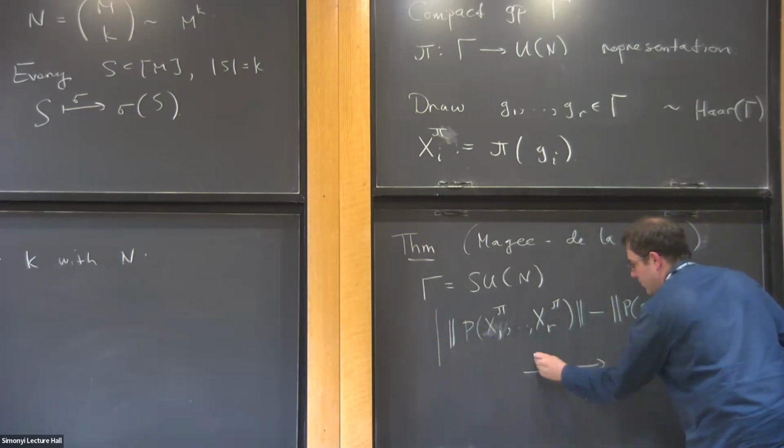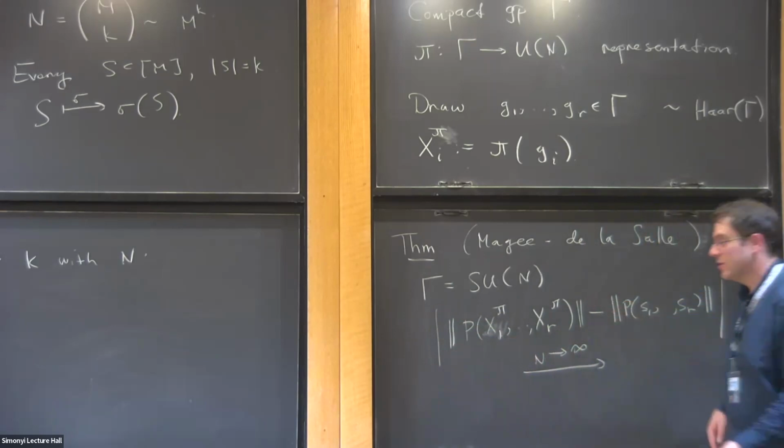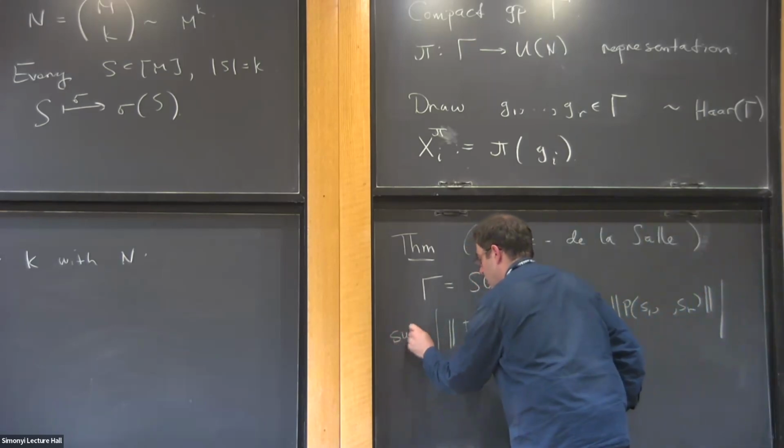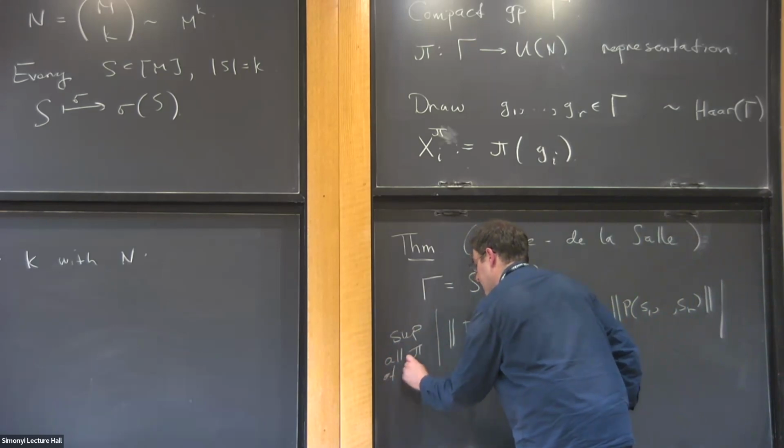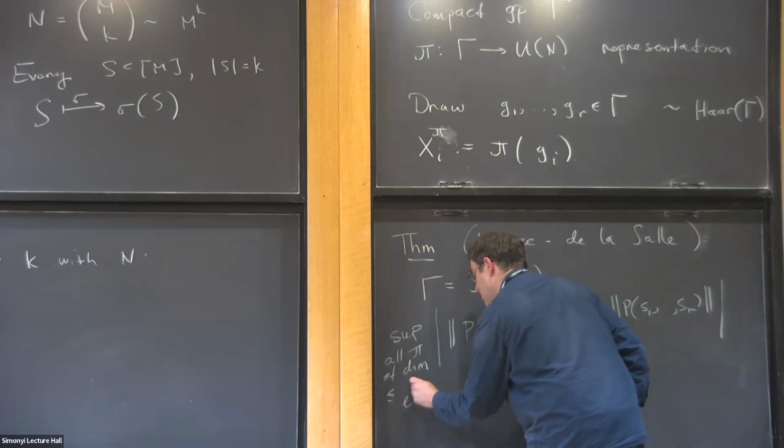You show that you have convergence to zero. What I wrote here is strong convergence, but I have to define for you the representation: of all representations of dimension less or equal e to the n to the 1/24th, maybe minus epsilon.